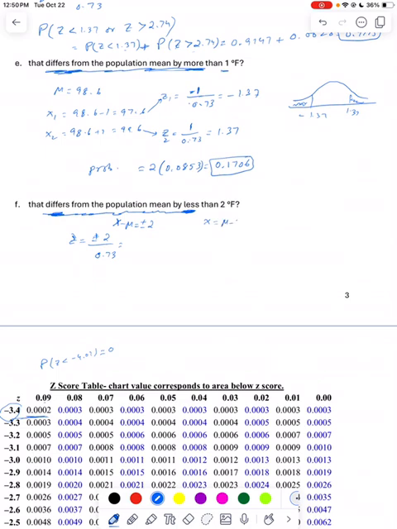If I subtract mu, I am getting x minus mu equal to negative 2, and here x minus mu equal to 2. So the top will be plus or minus 2, and then we divide by sigma.